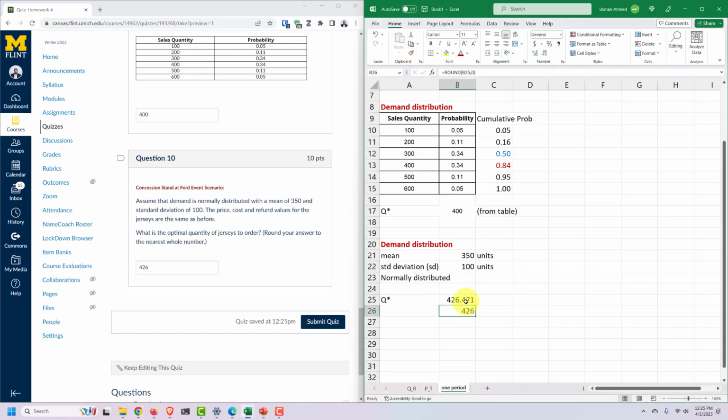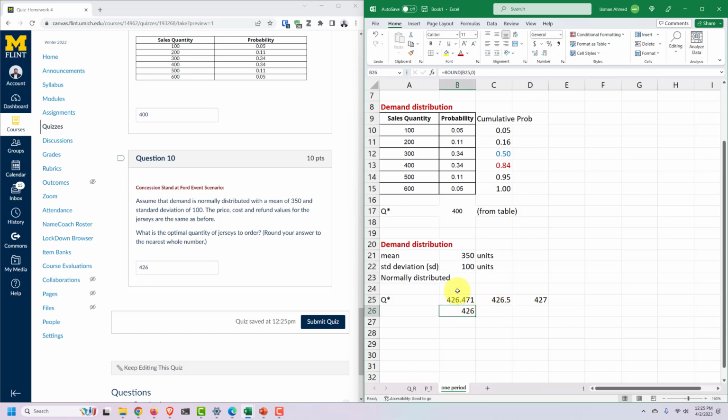And so that would be our answer. Although, in this case, a little bit tricky. Sometimes people will say, okay, the 7 makes the 4 a 5. So if you round it to 1 decimal place, you get 426.5. And 426.5, if you round it to 0 digits, you get 427.